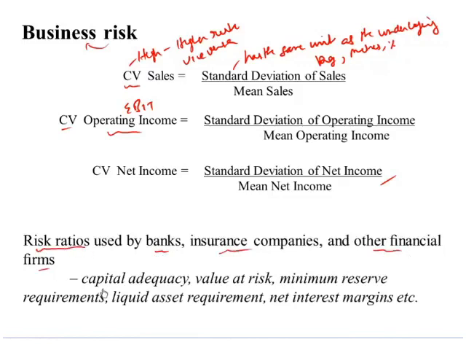For example, the capital adequacy ratio, which puts a limit on how much equity the bank must have invested at any point in time, the value at risk, the minimum reserve requirements for the amount of loans that the bank has given, the minimum liquid assets that the bank should carry at any point in time, the net interest margin that the operations of the bank are making, etc. So we don't have to go into the details of these ratios, but know that there are more specific risk ratios that different industries can sometimes use.